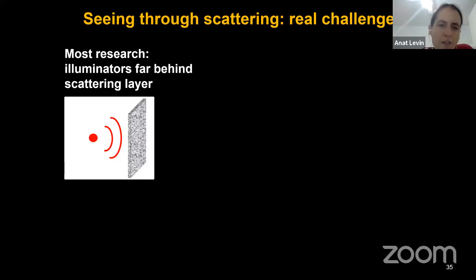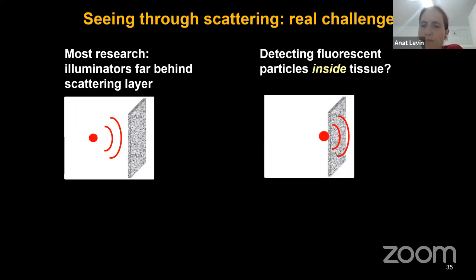Now, maybe I'll say that another very serious issue is that usually, in the earlier experimental realizations of this idea, the light source is in the far field of the scattering medium, or at least a few centimeters behind the scattering medium. But one of the more interesting applications of this idea is to actually detect fluorescent particles inside the tissue, and not a few centimeters behind the scattering medium.